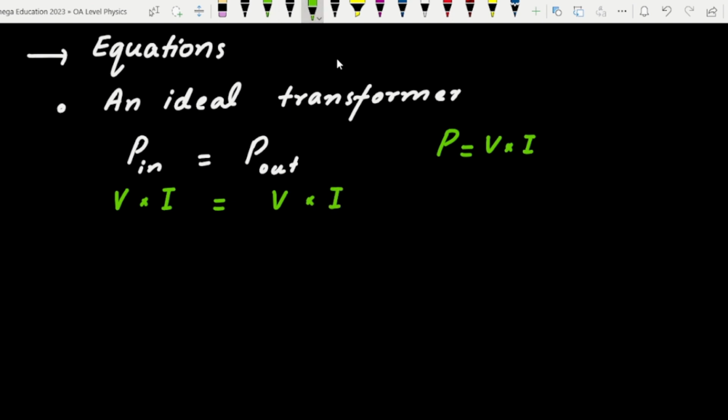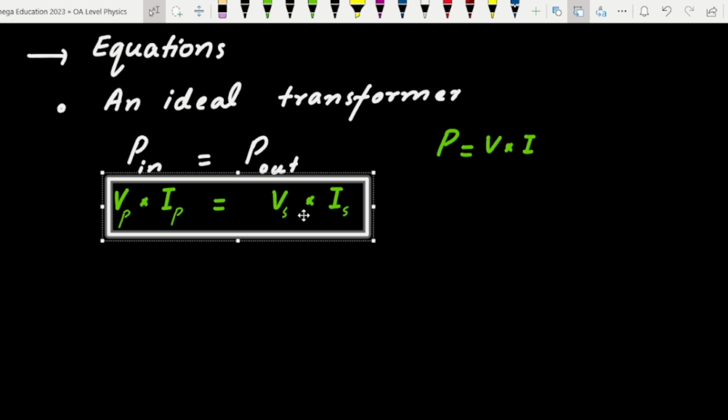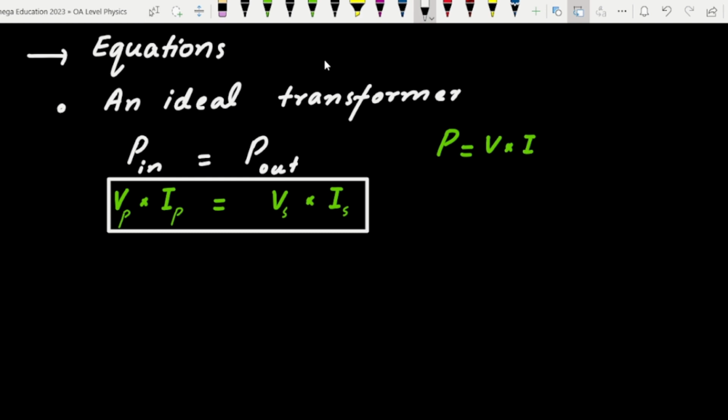The input we do on the primary side, so I can write P in the subscript for V and I, and output is obtained on the secondary side, so I can write S in the subscript for V and for I. So this is one of the equations that you have for a transformer. It would be for an ideal transformer, but like I said, in O-level physics, they ask you for calculations for an ideal transformer only.